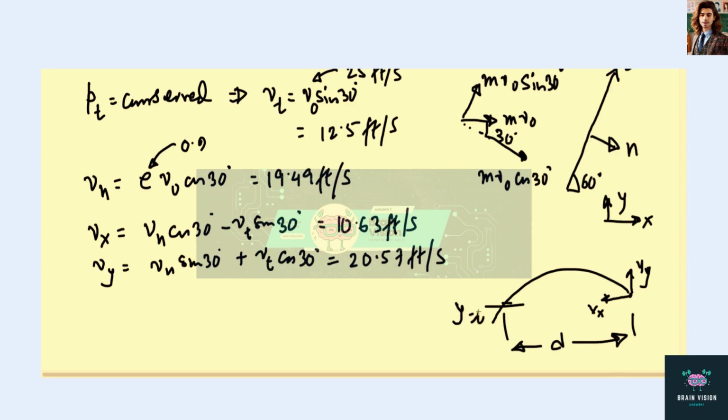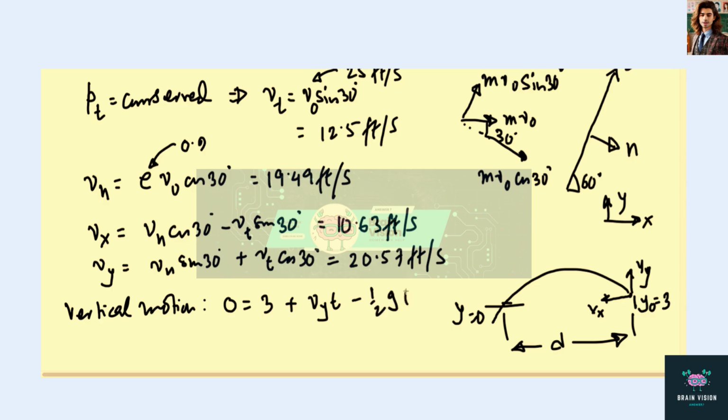Finally, we have y equals 0, and we start from y naught equals 3 meter. So first, the vertical motion: we have y final equals 0 equals y initial plus vy t minus half g t squared. Solving for this, we find that the time it spends in air is 1.41 second.